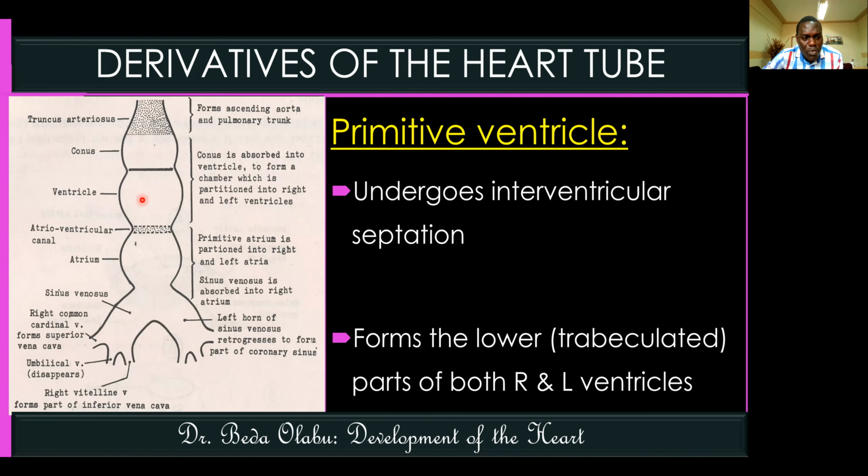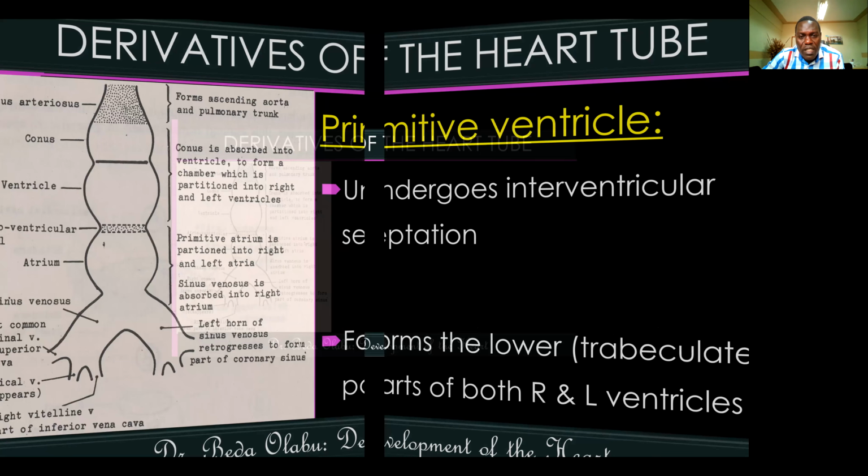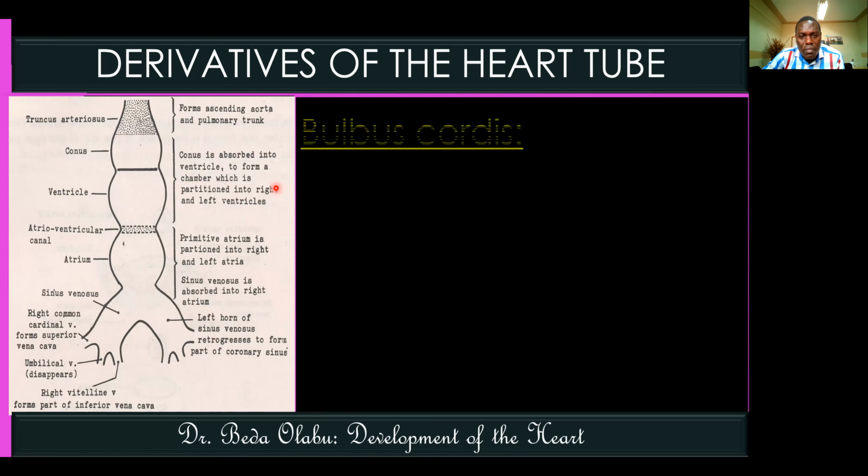So they'll undergo septation. So primitive ventricle particularly gives you the rough part of the two ventricles. And that means that conus arteriosus will give you the smooth part of the two ventricles. But let's talk about that in its own entity.